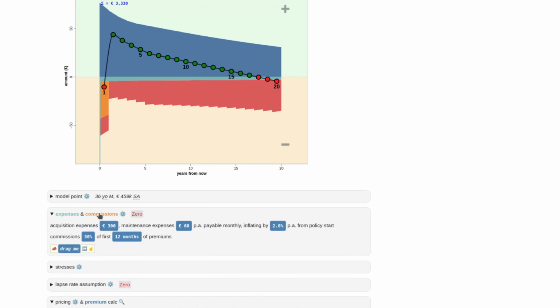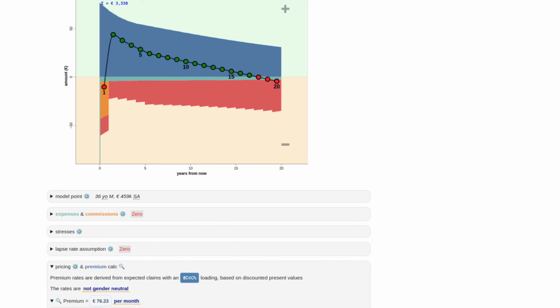But expenses are fixed per policy values, and commissions are related to premiums, but the loading is related to claims, and there will be policies with lower claims, therefore lower loadings.